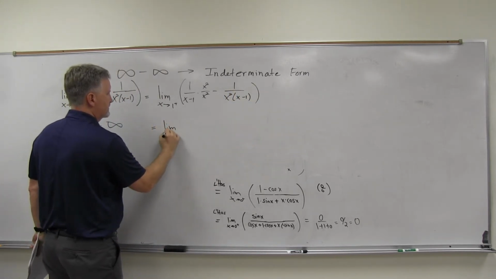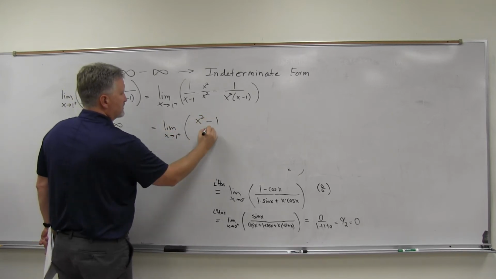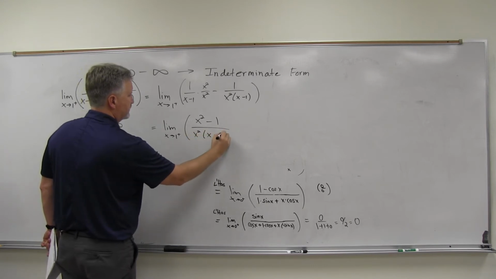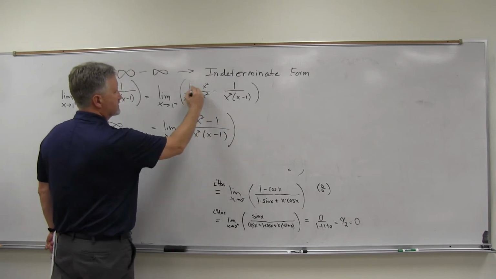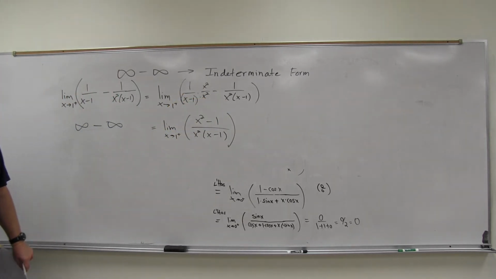So let's combine them into one single fraction. All I have to do is multiply the first one by x squared over x squared, and that'll make it the same denominator as my other one. So I've got the limit as x approaches 1 from the right of x squared minus 1 over x squared times x minus 1. Because I'll have a common denominator there. Is everybody okay with that? Now, there are a couple of ways we can go with that, but it is L'Hopital, isn't it?